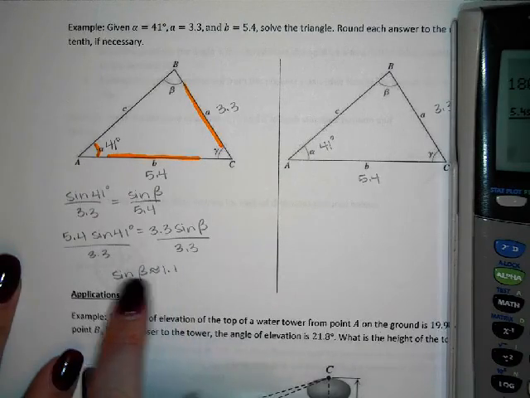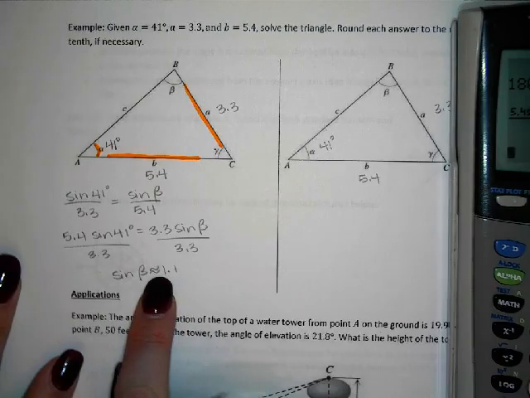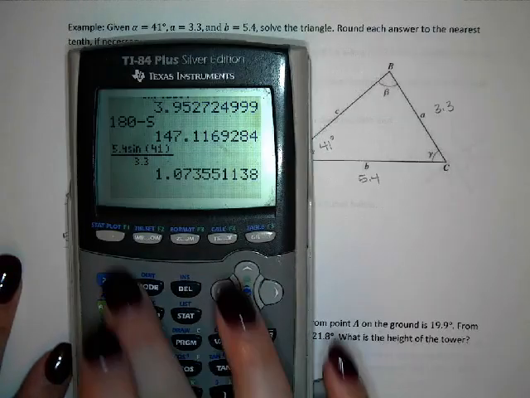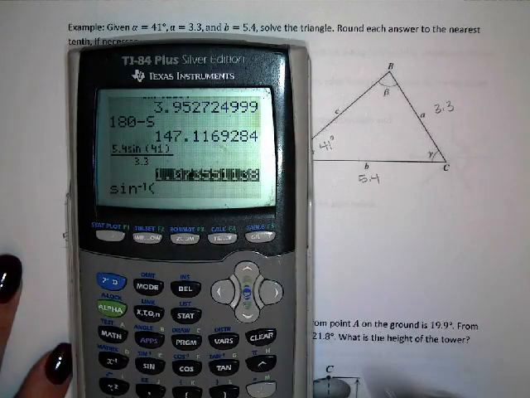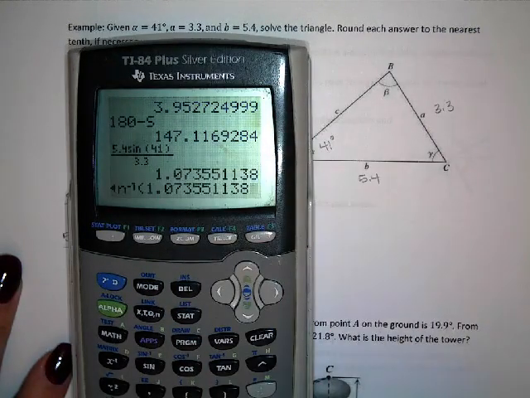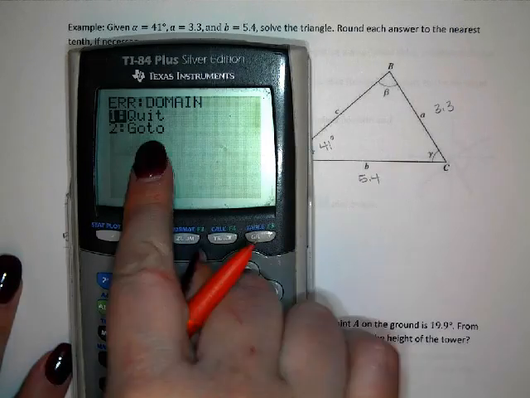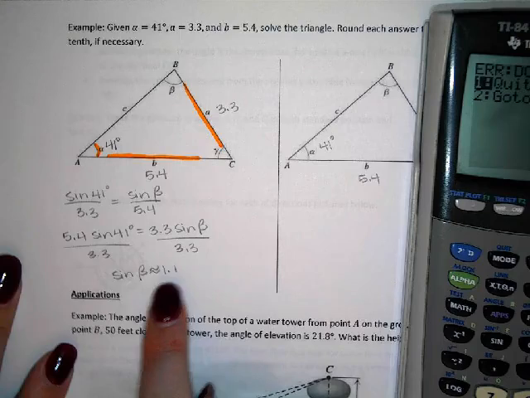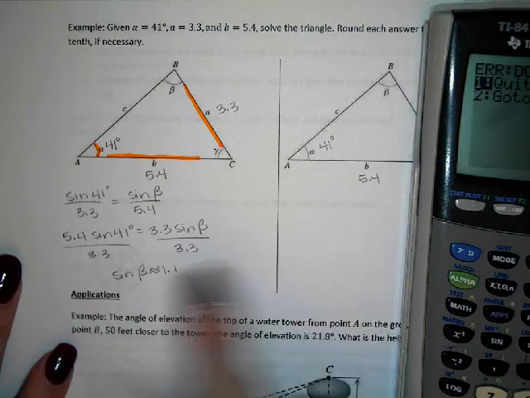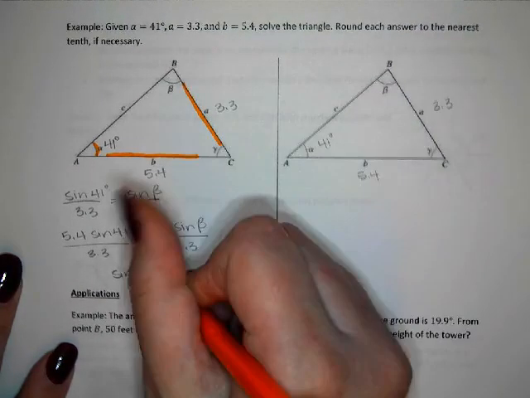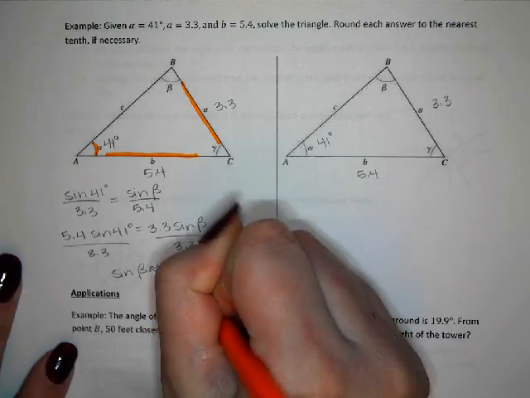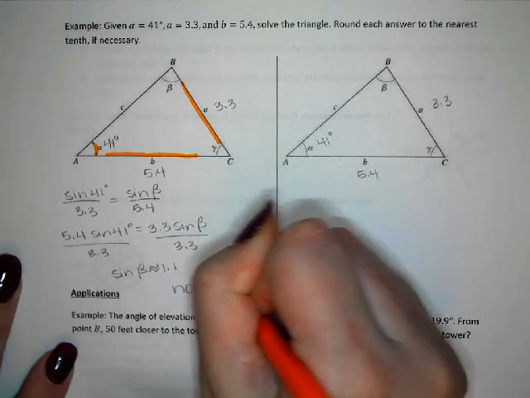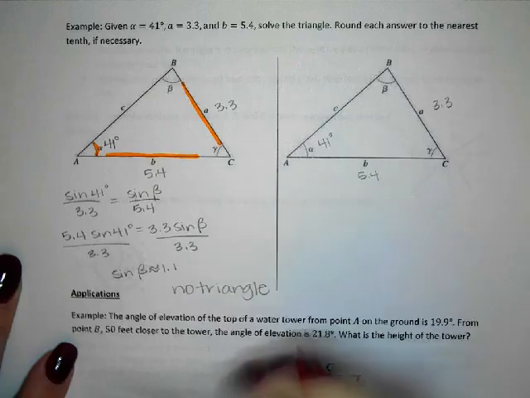So if I do sine inverse and go up here and grab the decimal and say sine inverse of that decimal, it won't work because you can't do sine inverse of a value that is less than -1 or greater than +1. So here there is no triangle that can be drawn with the given information. So no first triangle, no second triangle, no triangle period.